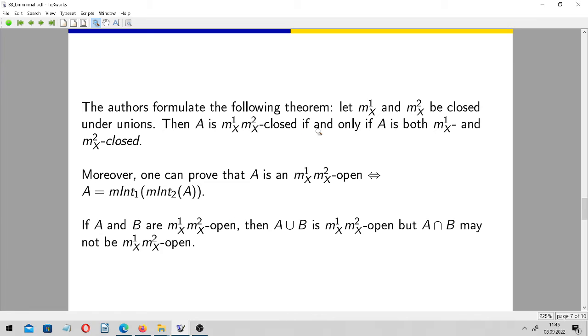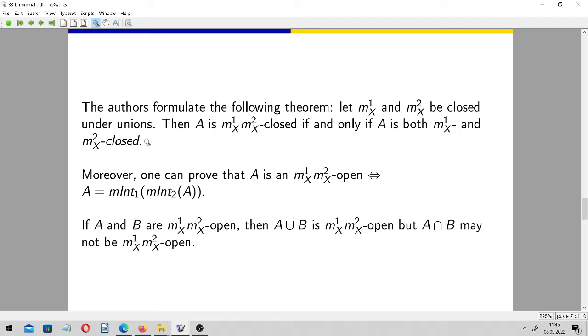The authors formulate the following theorem. If we have two minimal structures closed under unions, then a set A is M1, M2 closed if and only if it's both M1 closed and M2 closed.